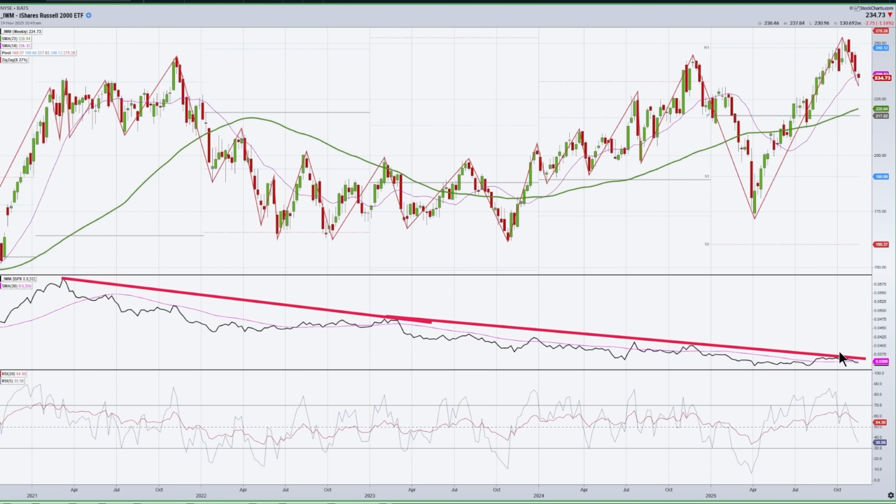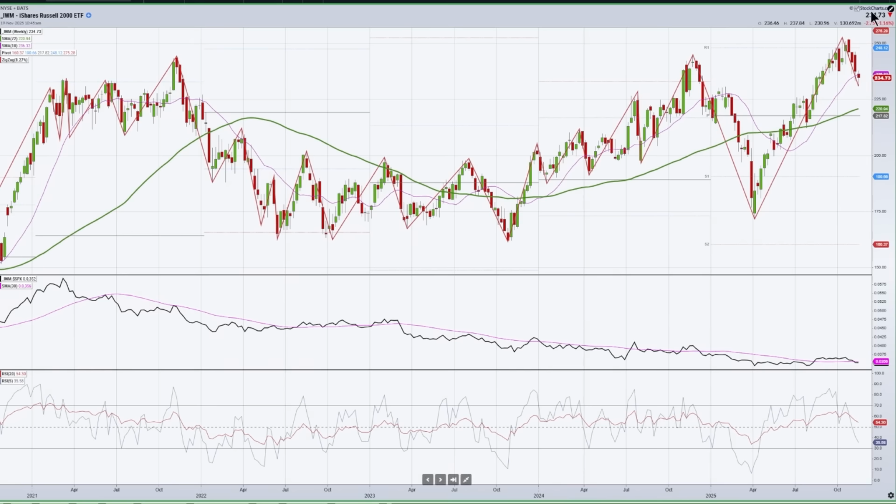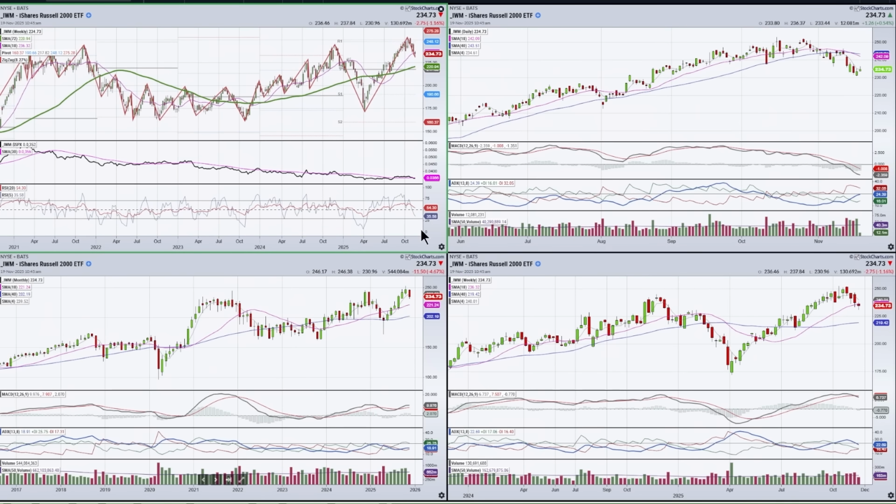It just hasn't been able to. It doesn't have the strength at this point, certainly not on a consistent basis. It had a move off the low, but it doesn't show up on a relative basis yet, and that's really the key that we want to be watching here. So we'll just keep an eye on it. When it happens, I think it'll be real important.